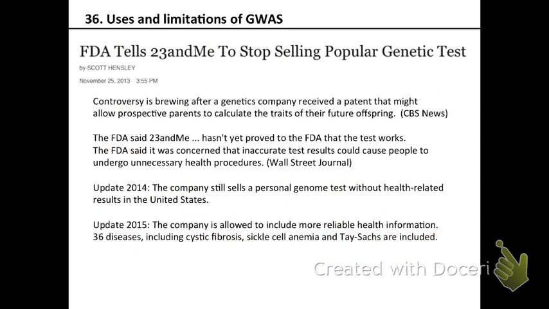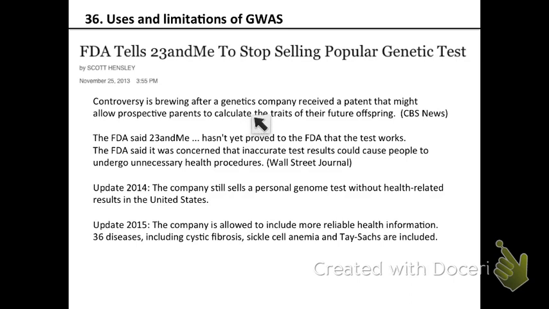All right, so that was one of the reasons, for example, a few years ago, the FDA stopped this company called 23andMe from selling genetic tests that are related to disease. The reason was that it's very difficult to tell if a person who has a SNP is going to have that disease or not, right? So basically this genetics company, when it was founded, essentially said, okay, you have a 20% chance of getting a heart attack, right?